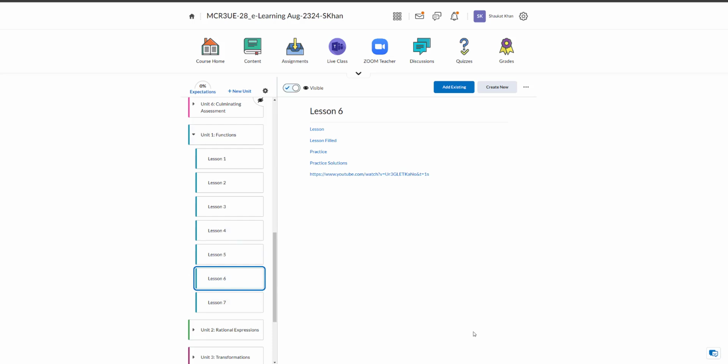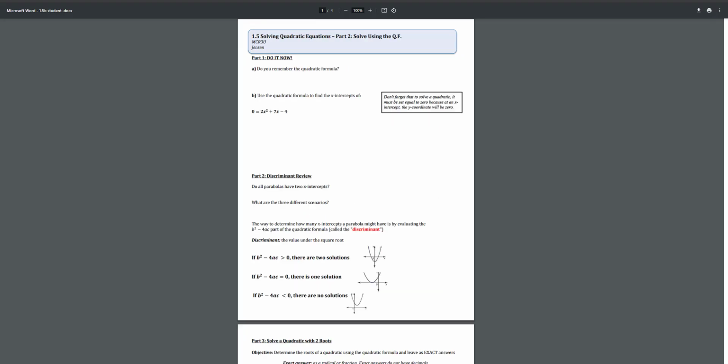So let's get started with what are we learning today from grade 10? Basically, quadratic formula. That's basically it.